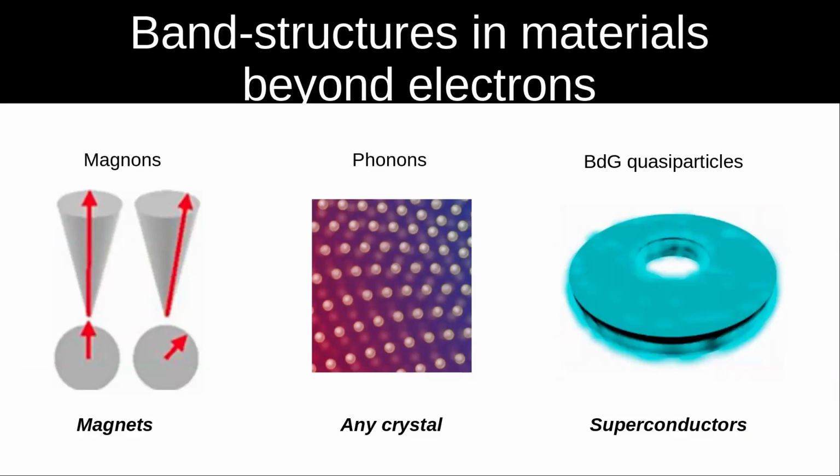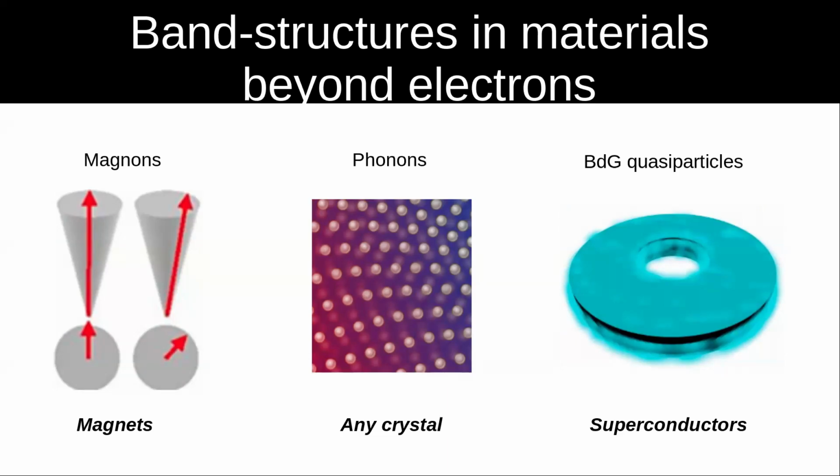So even though we are going to focus on electrons, let me reemphasize again that we can use the very same tricks for any local quantum excitation that we may have in a material. So you can think that a local quantum excitation can be an electron, but it can also be a magnetic fluctuation such as a magnon.